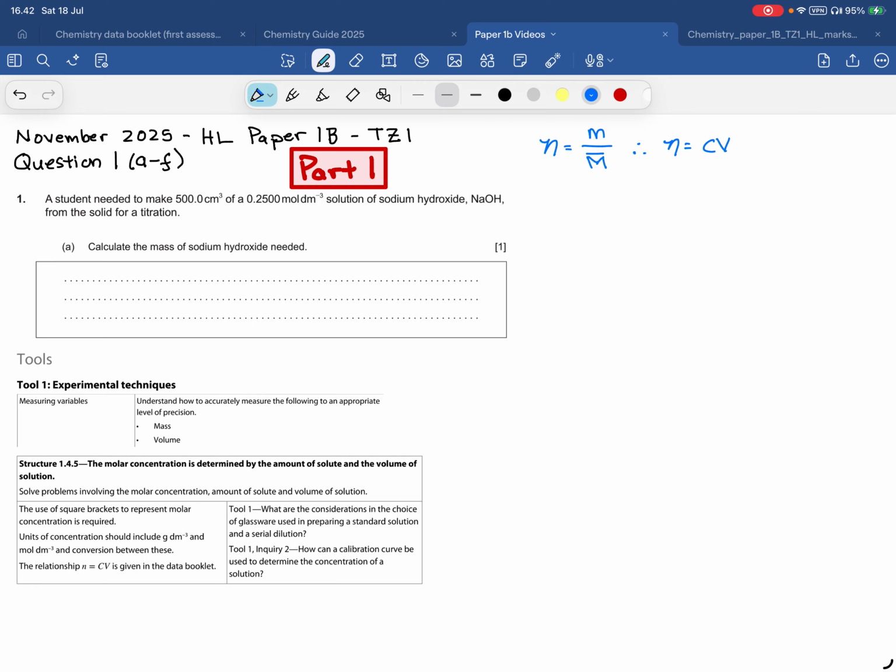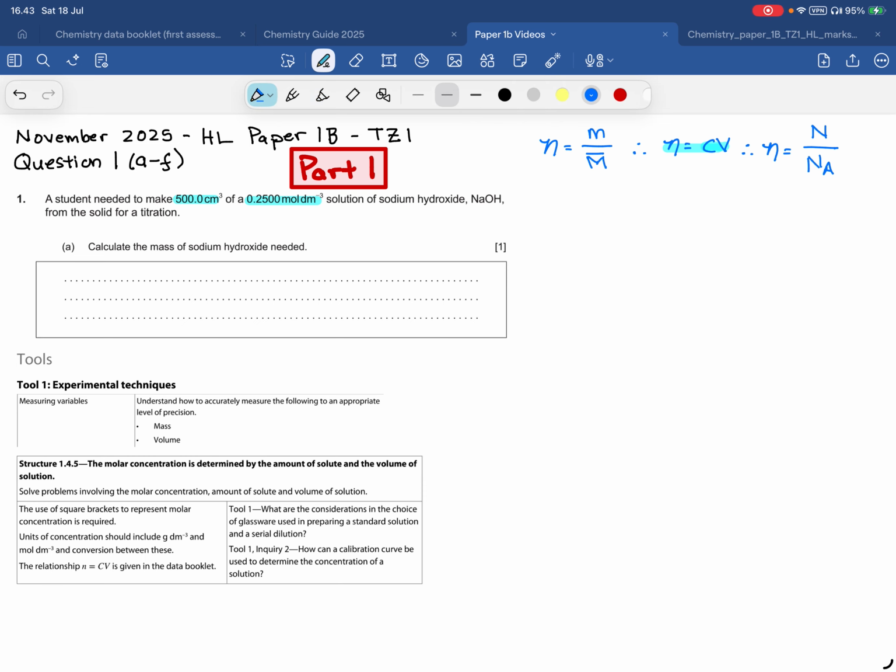Obviously that's the one we're going to be using here immediately. And then the third one is moles is equal to number of particles divided by Avogadro's number. So the fact that you have a volume and a concentration tells you you're going to be using this one first.